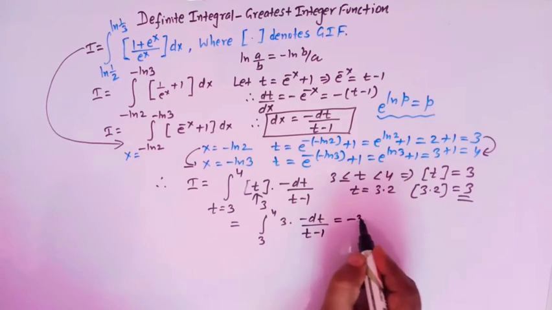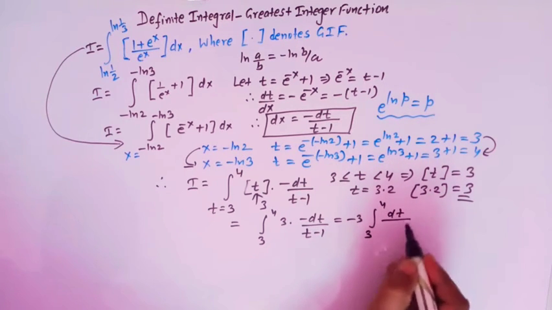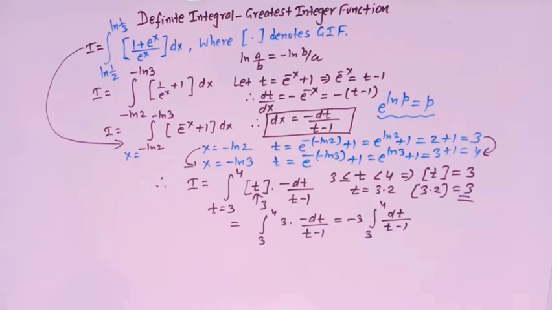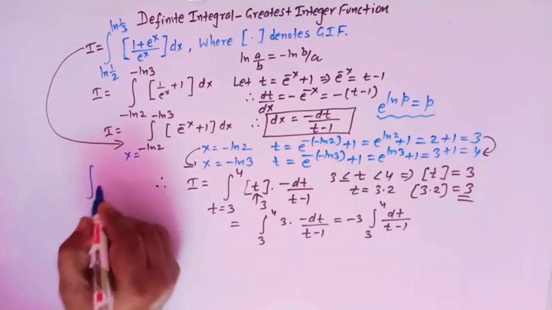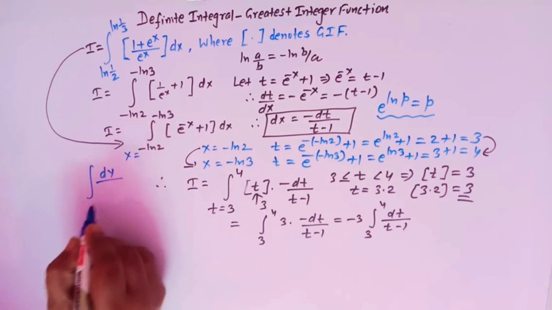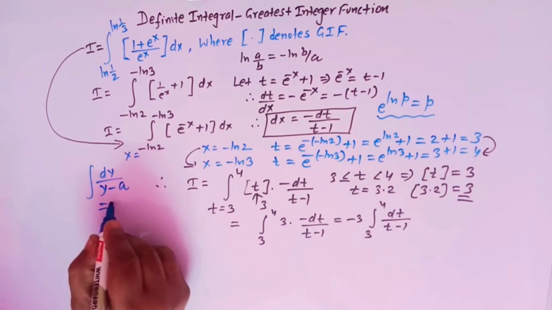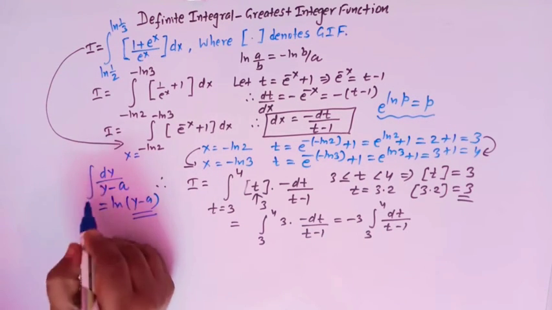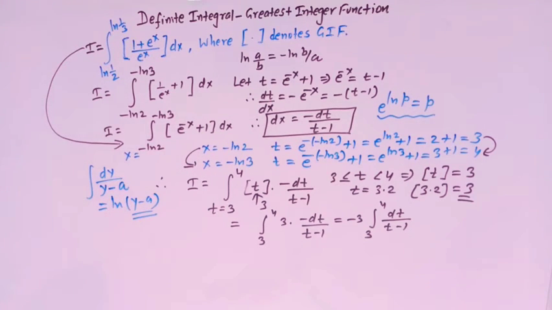So we have minus 3 times the integral from 3 to 4 of dt over (t minus 1). Now we have a simple integral here, and we know that the integral of dy over (y minus a) is equal to log of (y minus a).